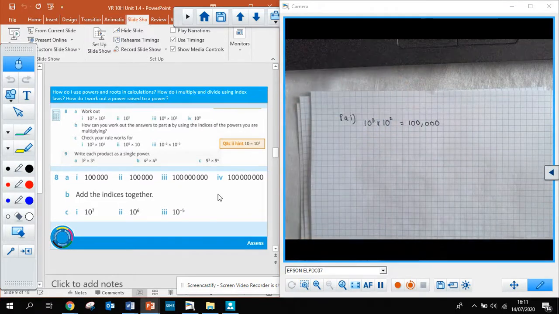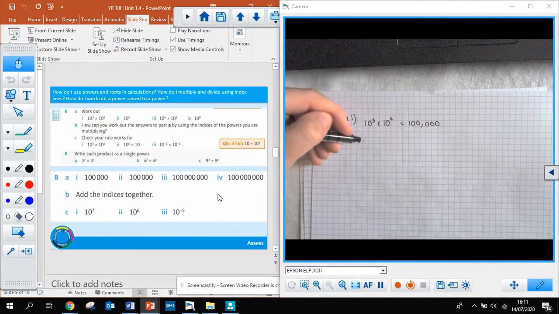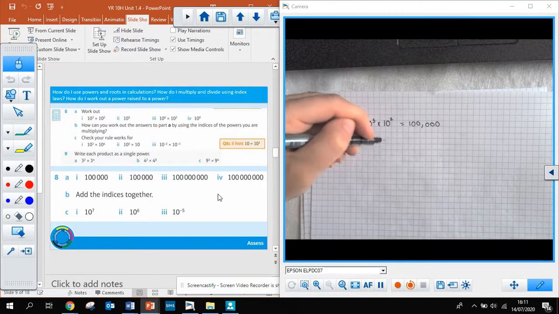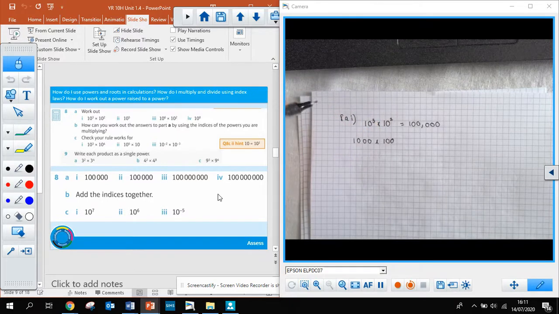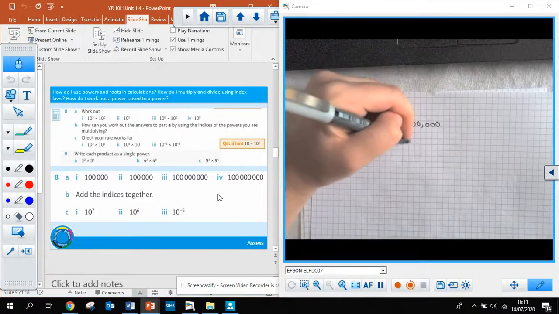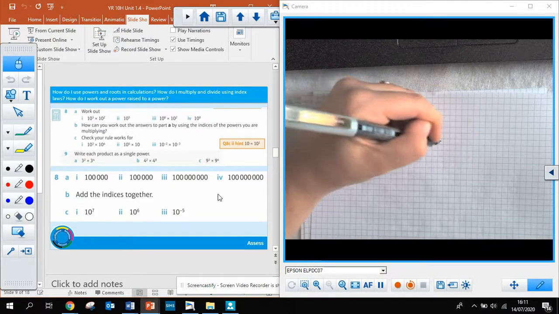You could have worked it out yourself. If you don't know the law of indices yet, you know that 10 cubed is 1,000, you know that 10 squared is 100, and therefore 1,000 times 100 is 100,000. But all you needed to do was put it into your calculator.